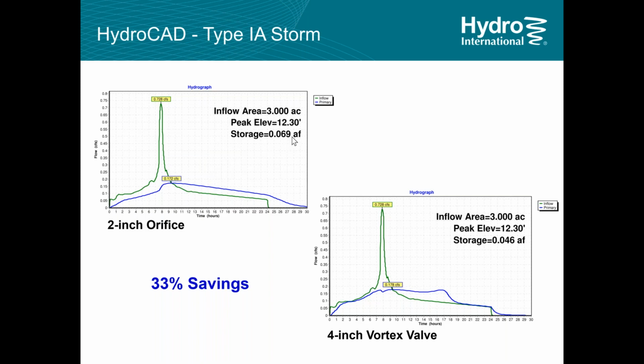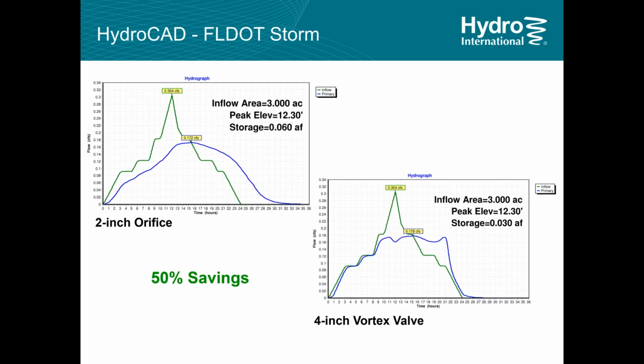But if you look at the storage required, the 2-inch orifice requires 0.07 acre feet of storage, and the 4-inch vortex valve requires 0.05 acre feet of storage. So this is a 33% savings. That's literally, you don't need to use a third of the plastic arch chambers that were shown on the original design. This seems a little strange.